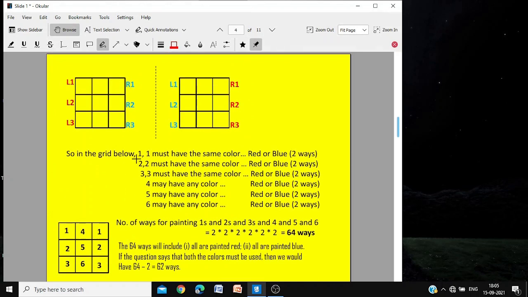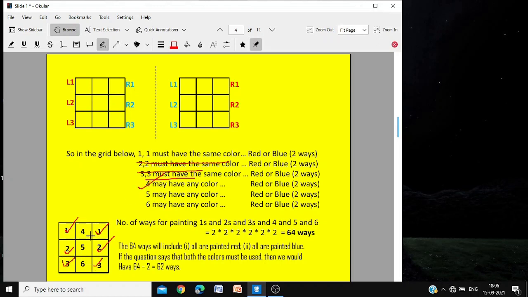So 1, 1 must have the same color. These two must be of the same color. 2, 2 must have the same color. 3, 3 must also have the same color.